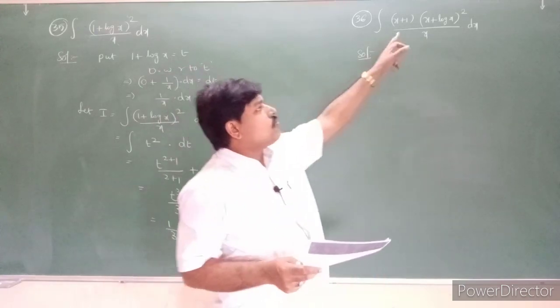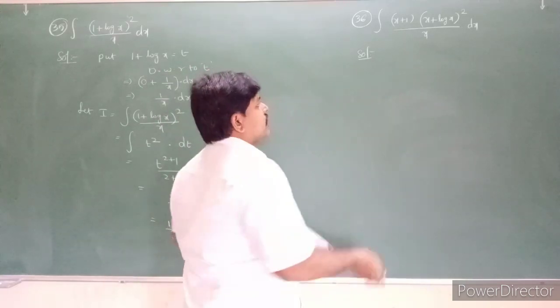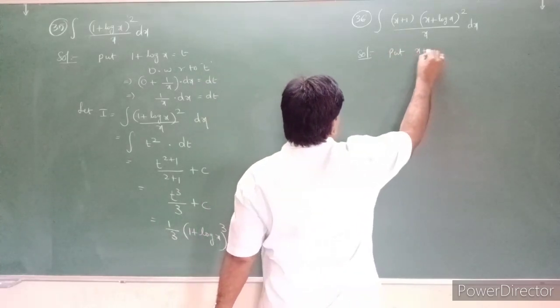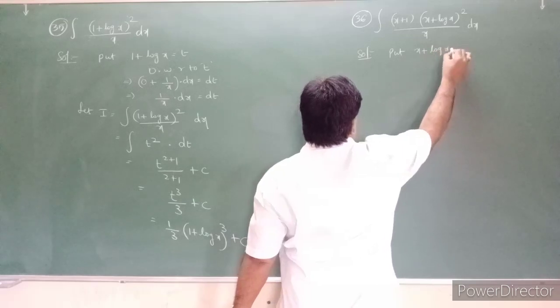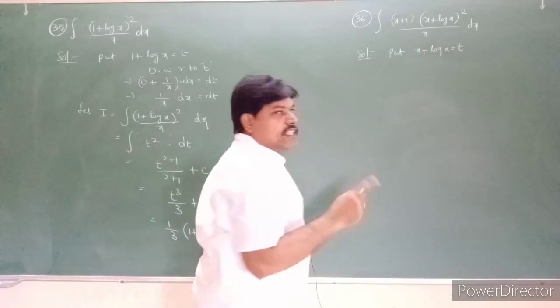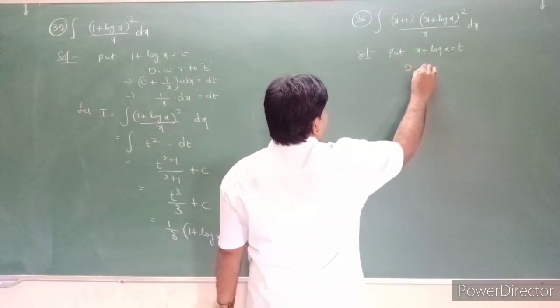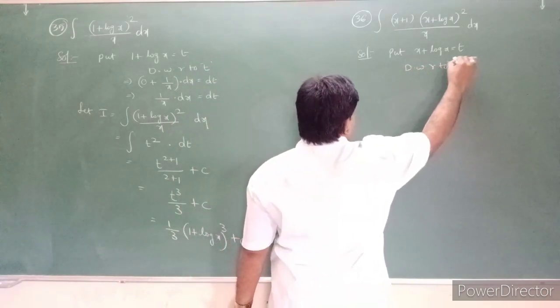So here, what is the function you have to take? I will take the function. First what we will take is x plus log x is equal to t. x plus log x is equal to t. So differentiate with respect to t.